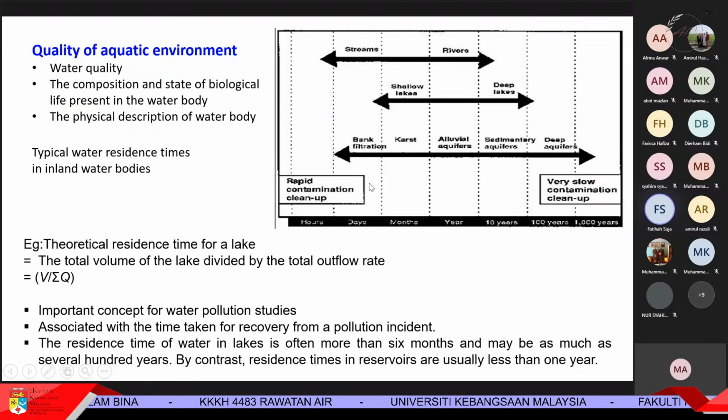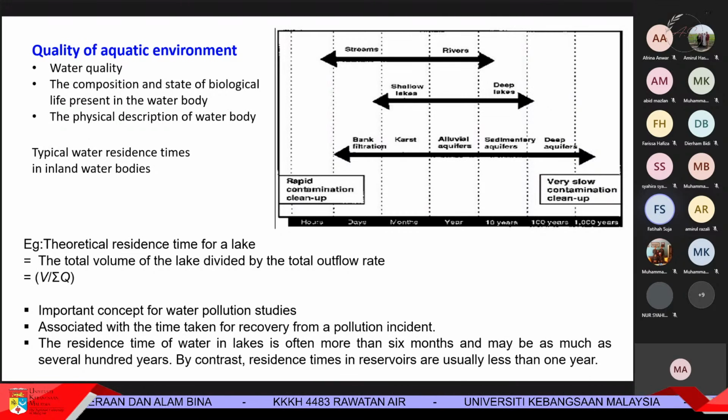If you have polluted the aquifer, it will take a very long time to recover the water. Pollutants stored in sediments also take a long time to be removed from the aquatic system. So you have to really take care of your deep aquifer if you use it as a water source.